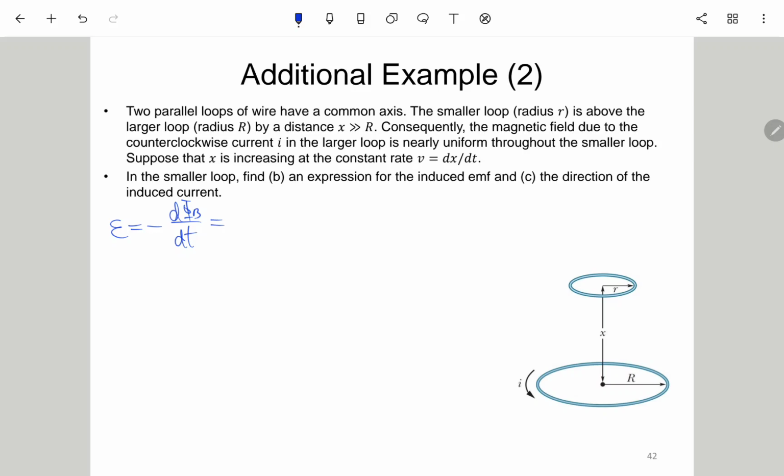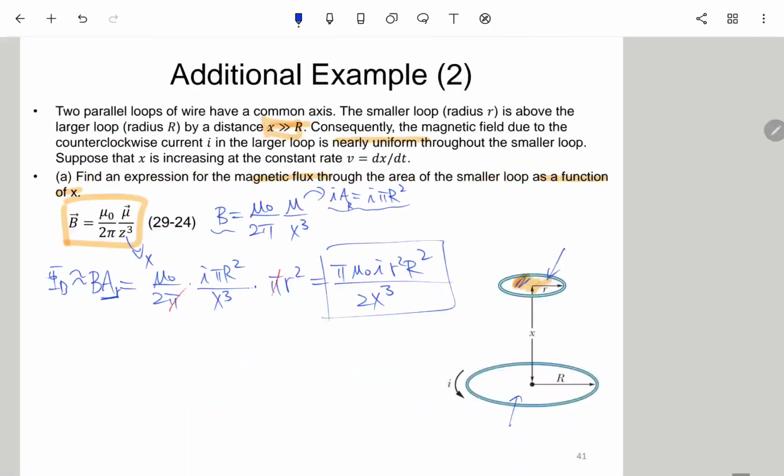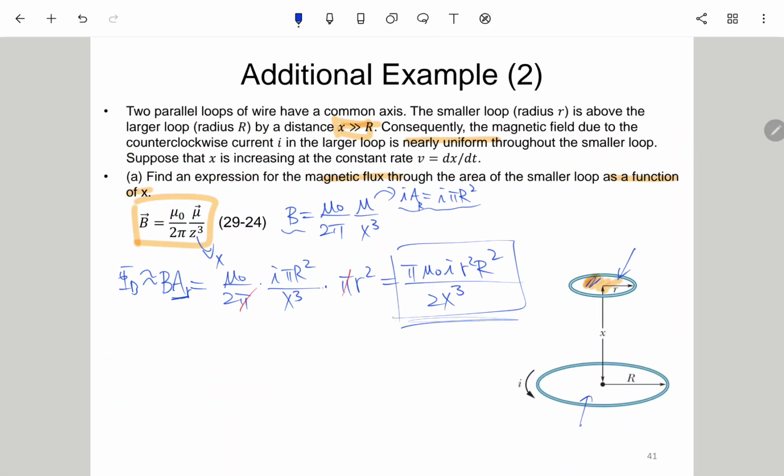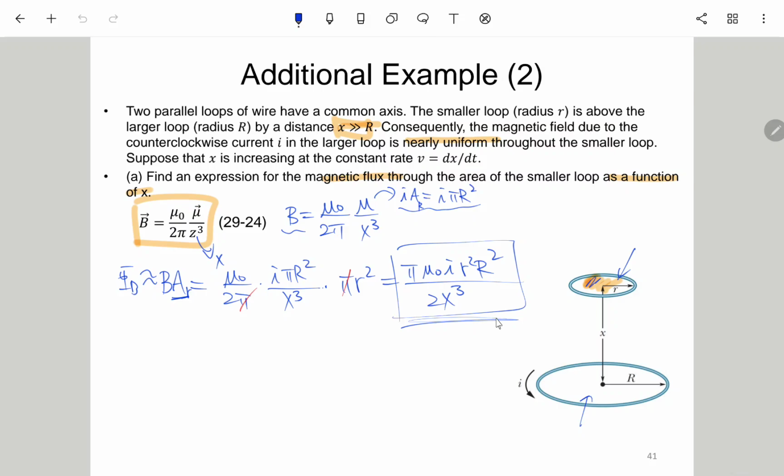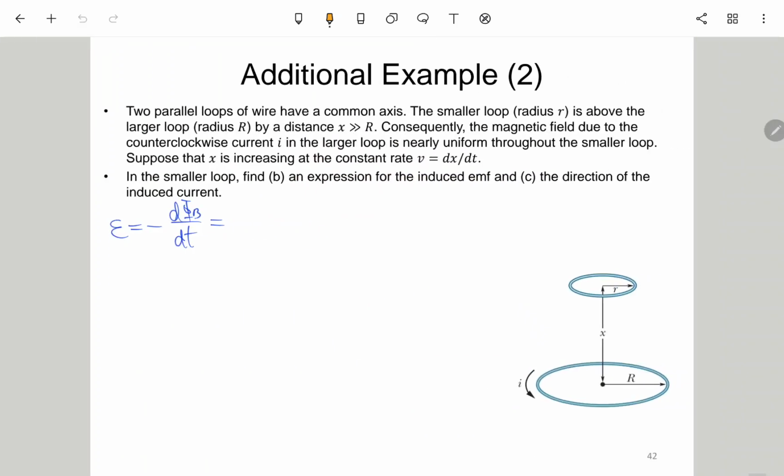We can just plug in the expression. We notice that x is a function of time, and all the other things are not time varying, so we consider them constant.